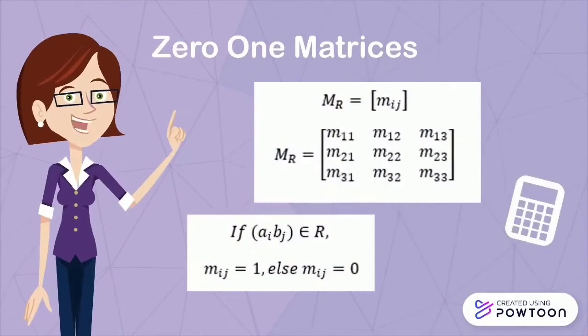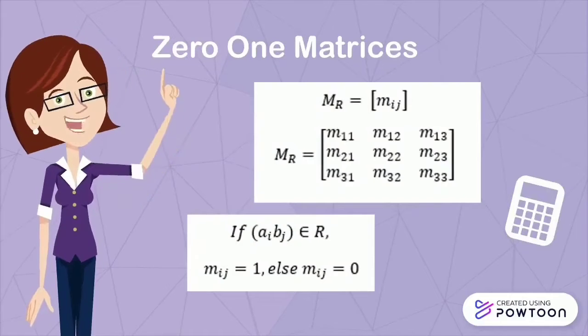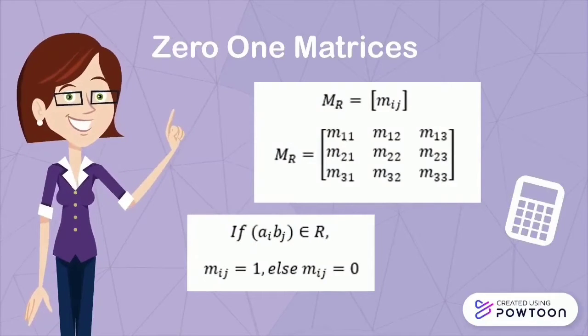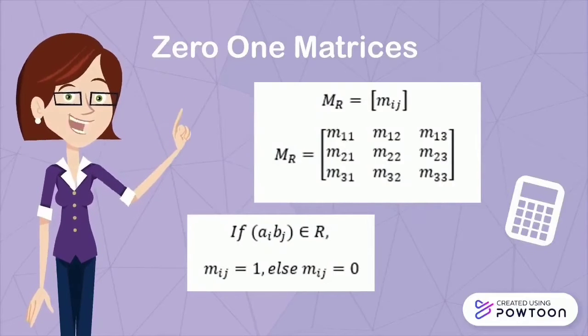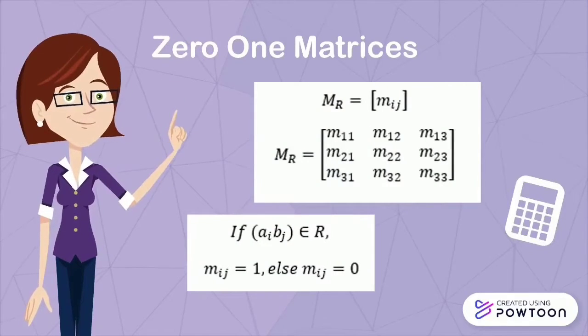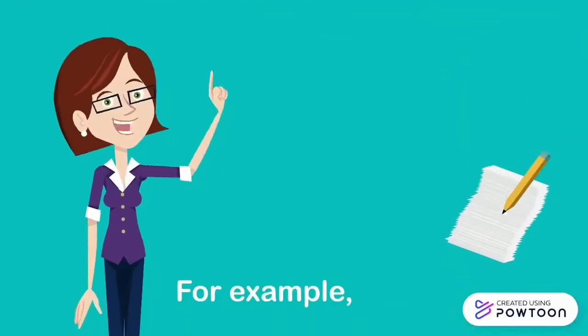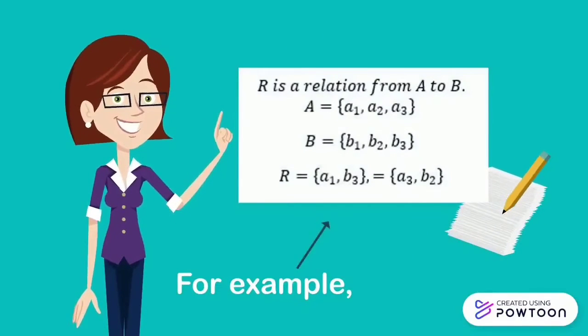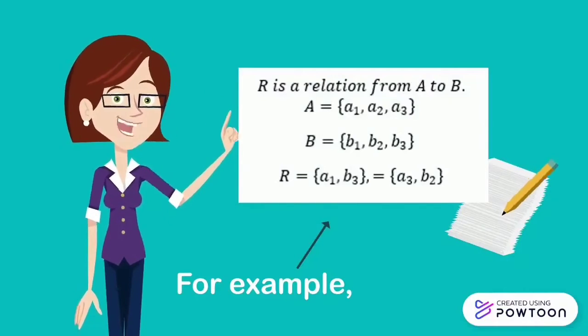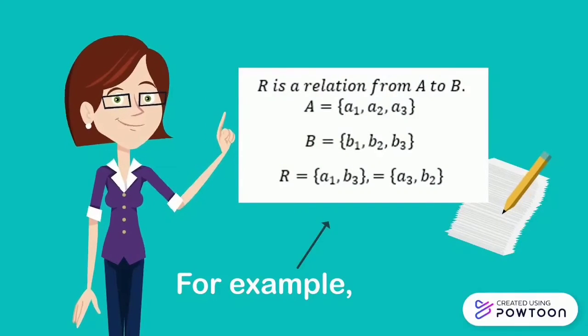A relation can be represented by a 0-1 matrix MR. If (ai, bj) is an element of relation R, Mij equals 1, else Mij equals 0. Let's look at example 1. A equals {a1, a2, a3}, while B equals {b1, b2, b3}.